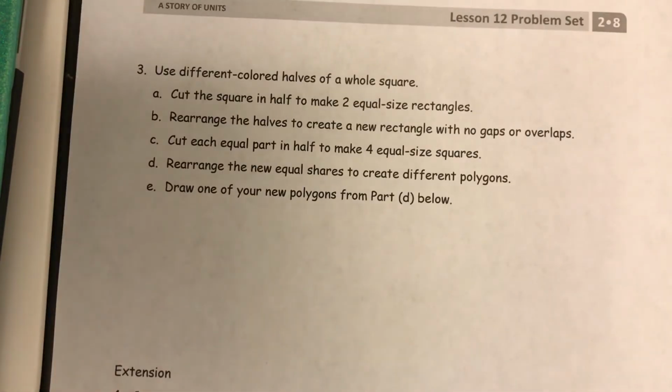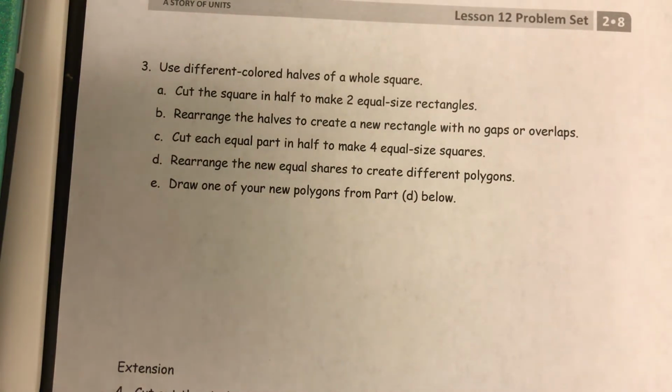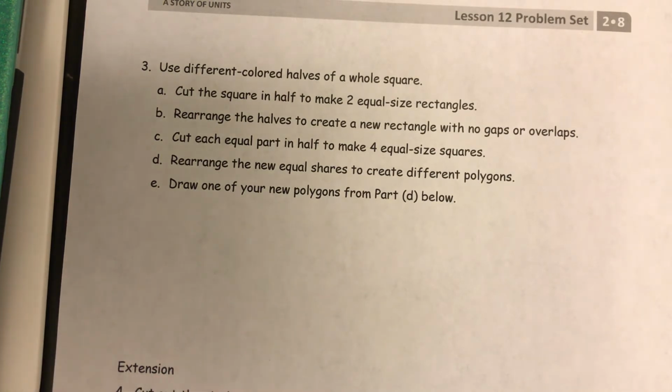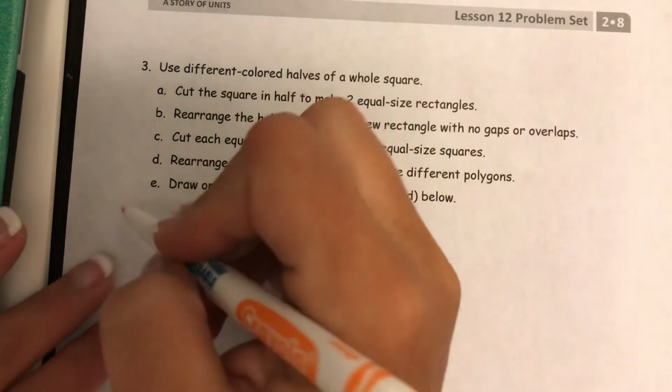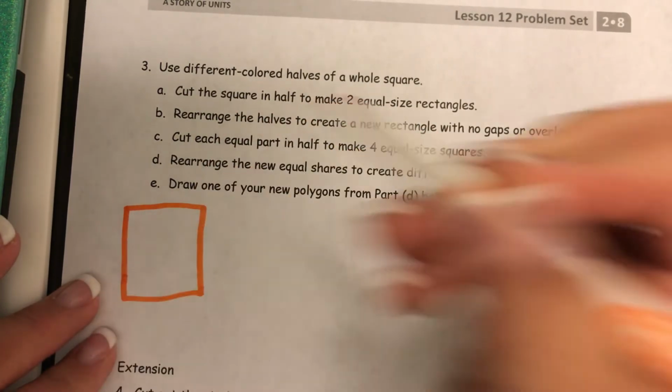Okay? The next thing it asks us to do here is use different colored halves of a whole square. So it says to cut the square in half to make 2 equal sized rectangles. So here's your square that we've been drawing, okay?